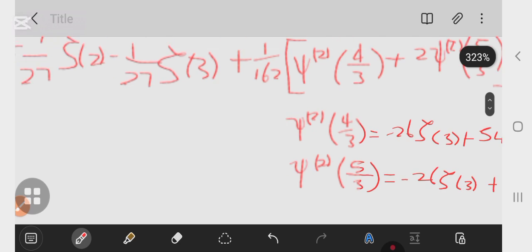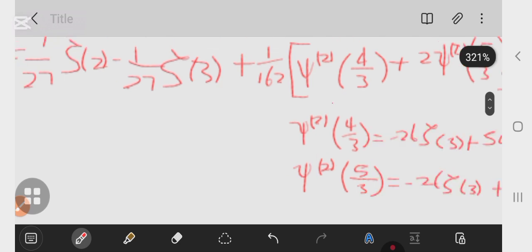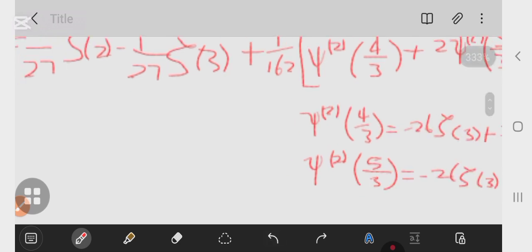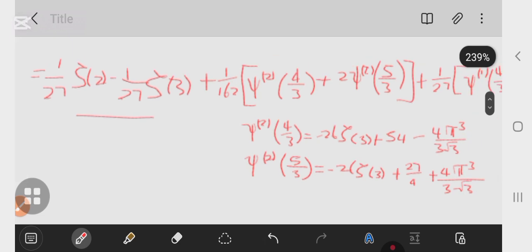So now I'll just simply substitute these values for these. So first let me write out these ones.